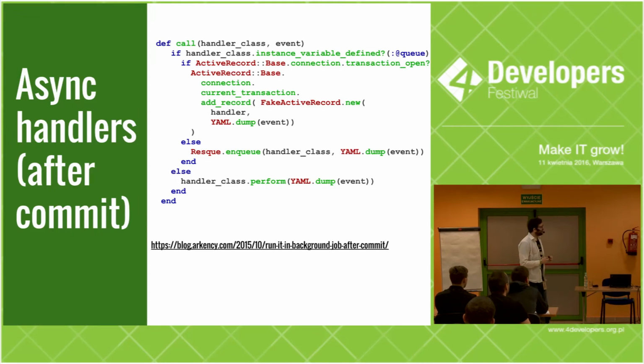So what we actually do is we use the after commit functionality from ActiveRecord, and we publish to the asynchronous subscribers. We want them to process all the jobs, all the events, only after the transaction is already committed. And we use the same mechanism that ActiveRecord uses.